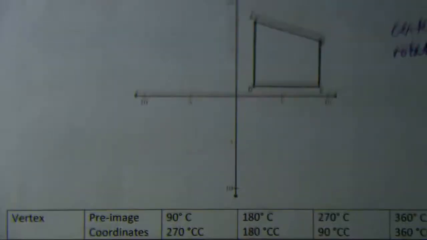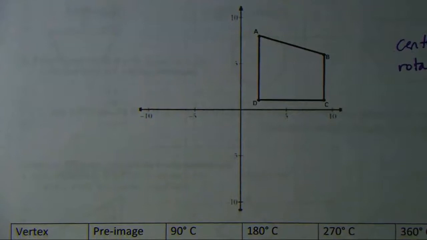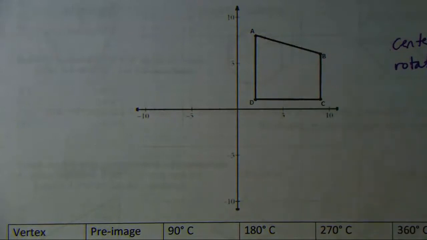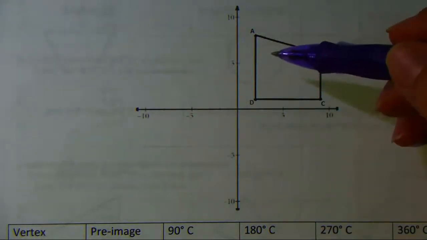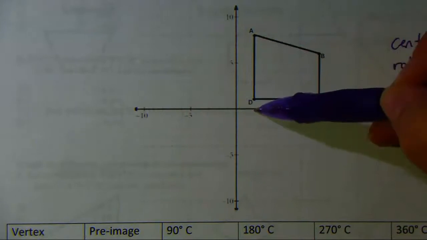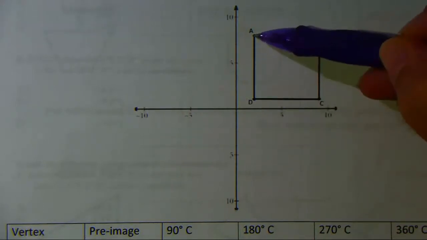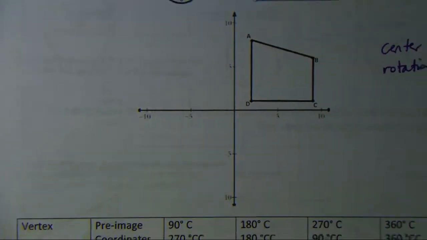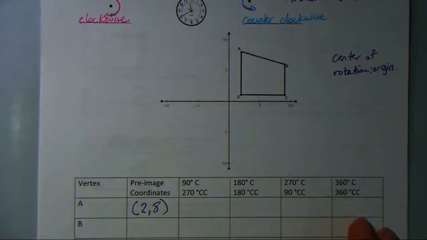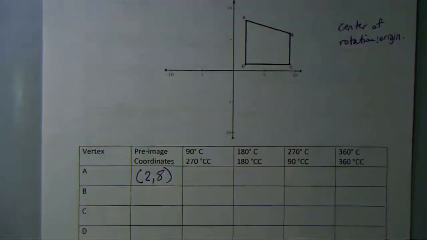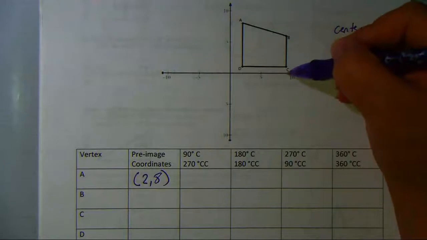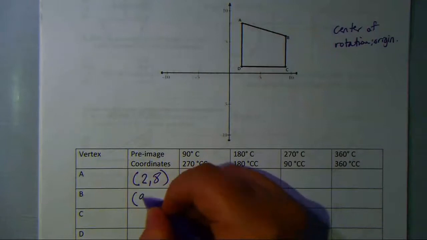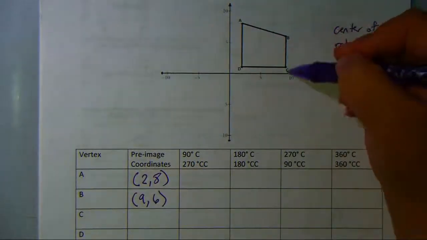So this is our pre-image quadrilateral ABCD, and we're going to write down these coordinates on our table so we can compare them to each rotated point. A is going to be at 2, 8. Let me zoom out a little bit. B is going to be at 9, 6.